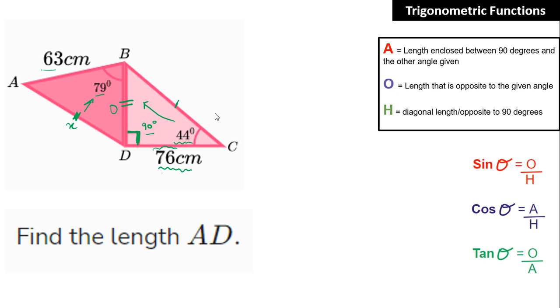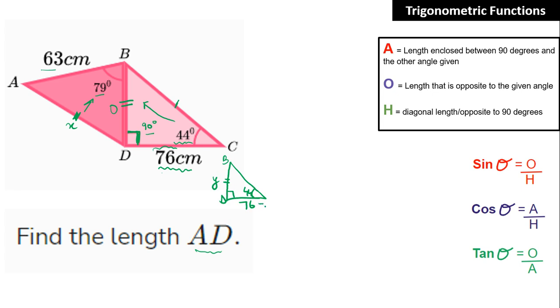So in this particular question, in my right angle triangle, I have a length that is enclosed between the 90-degree and the angle that is 44, and that's 76 centimeters. And the length right opposite to the given angle 44 is the one I have to find. So that's my BD, or let me just write it as Y. This is the length I'm first of all looking for, and once I get that length, then I can move on to finding my AD. But for now, I need my BD first.